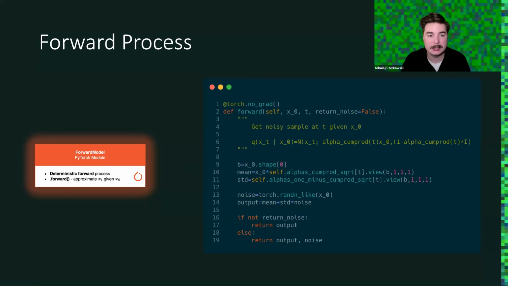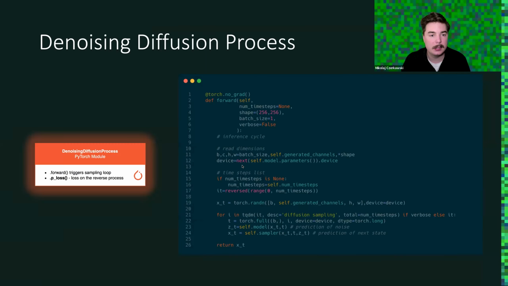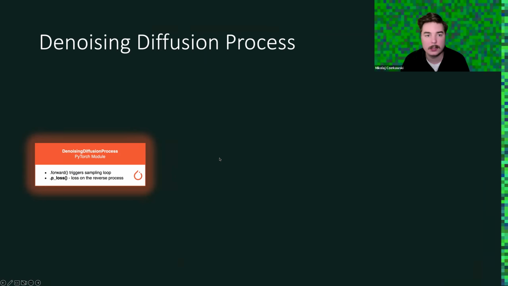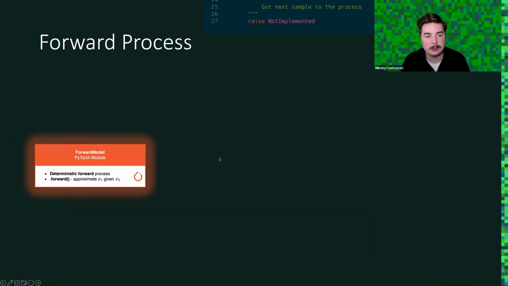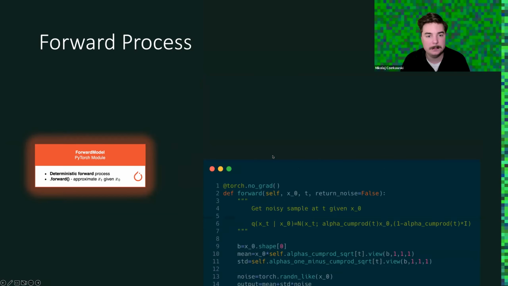So when we actually have p-loss, like in the previous example, right here, this noise is the ground truth, right? And noise hat is the network output. So that's why it's quite useful to return this noise within the forward process.